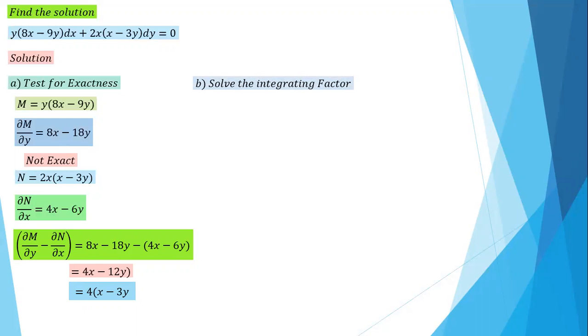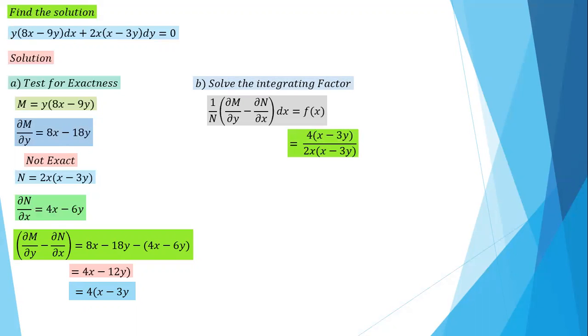Next is to solve the integrating factor. Then we have 1 over N times the partial derivative of M with respect to y minus the partial derivative of N with respect to x, equals a function of x, which is equal now to 4 times x minus 3y, which is our partial derivative of M with respect to y minus partial derivative of N with respect to x, over N, which is 2x times x minus 3y.